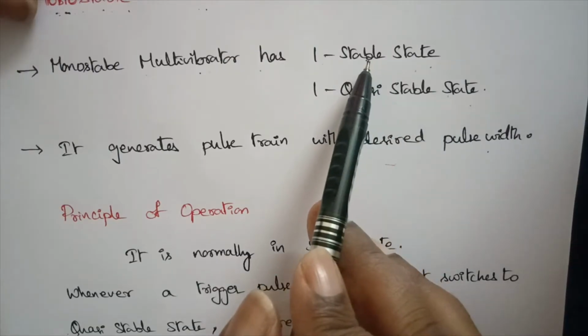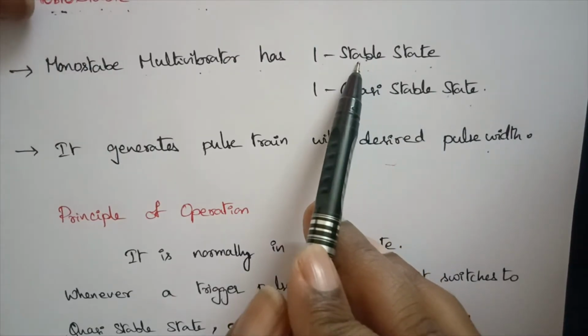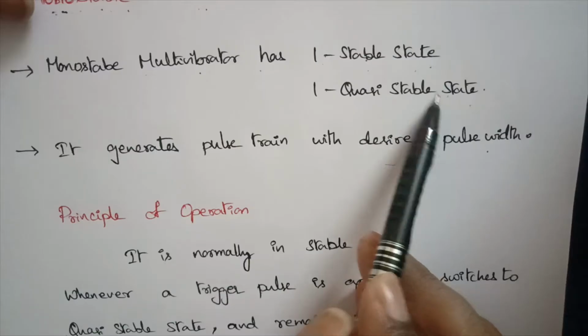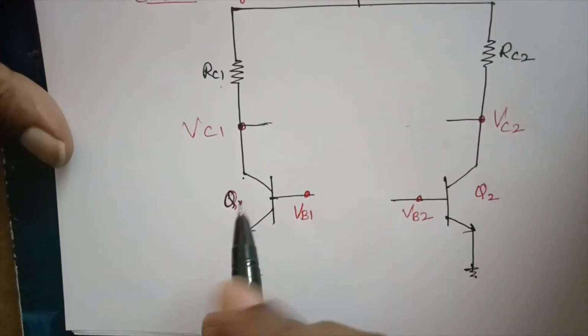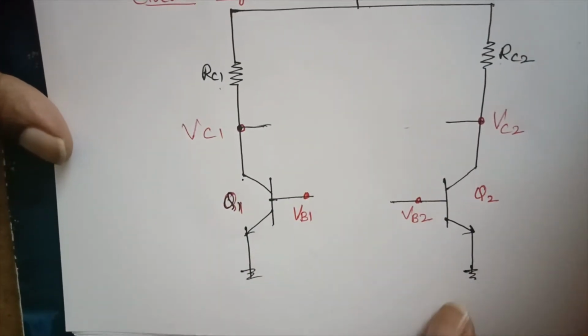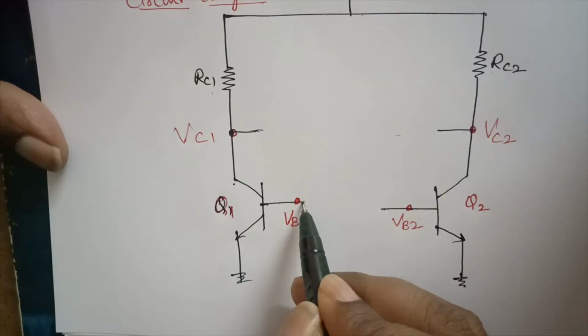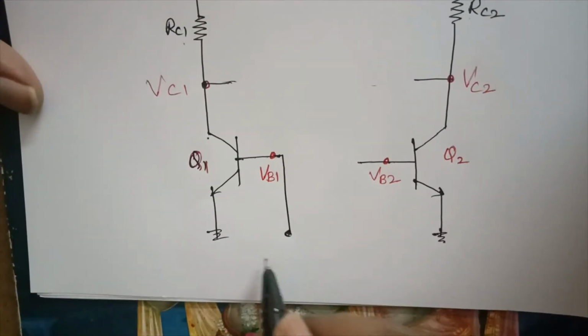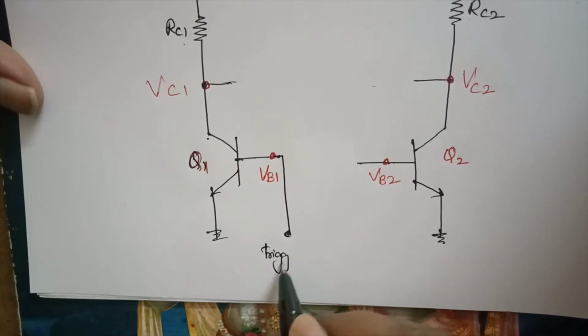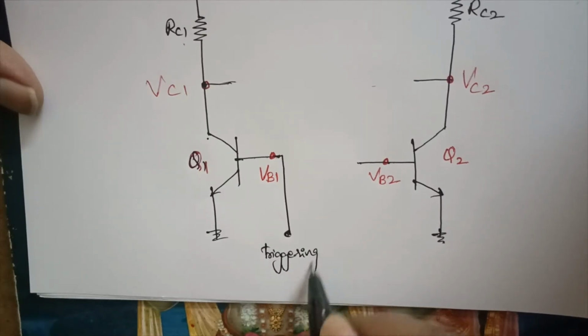To move from the stable state to the quasi-stable state, we need to apply a trigger pulse. So I am applying a trigger pulse at the input of one of the transistors. Let us assume this is the triggering input.